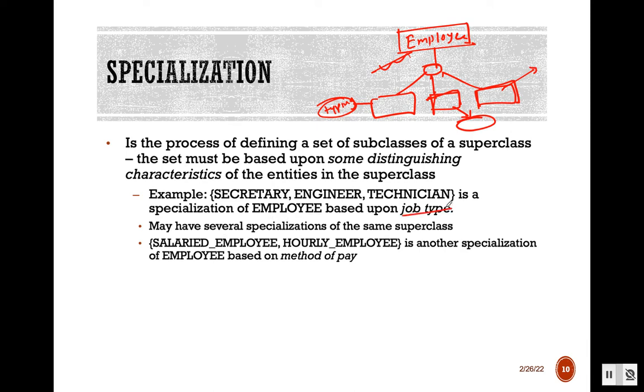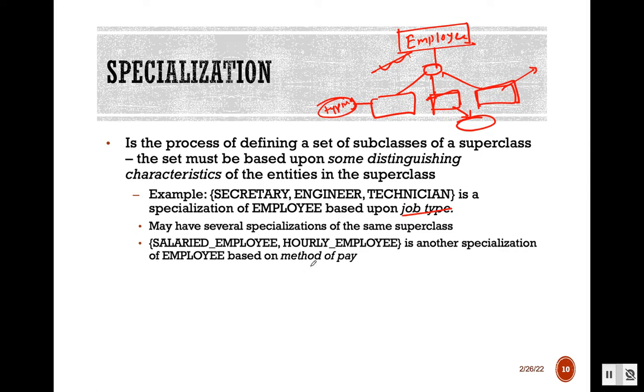So the set of subclasses must be created based on some distinguishing characteristics of the entities in the superclass. We can have several specializations, more than one specialization from the same superclass.